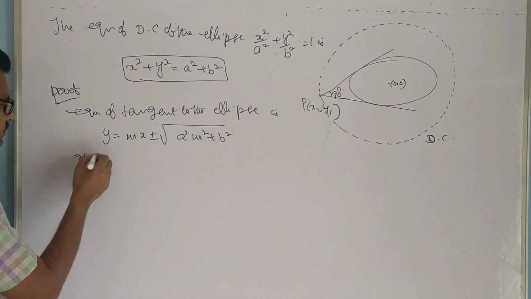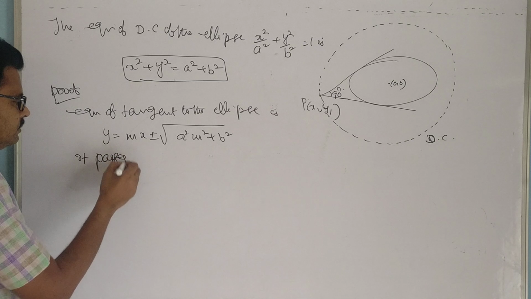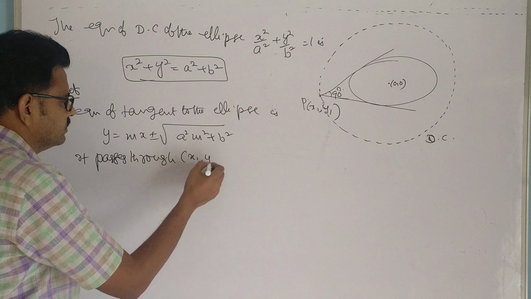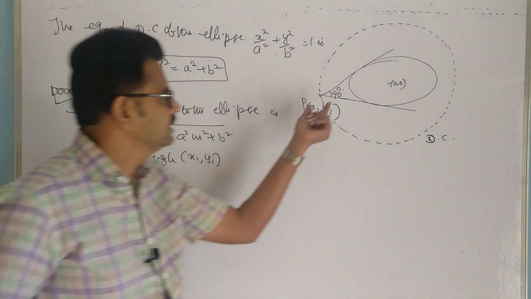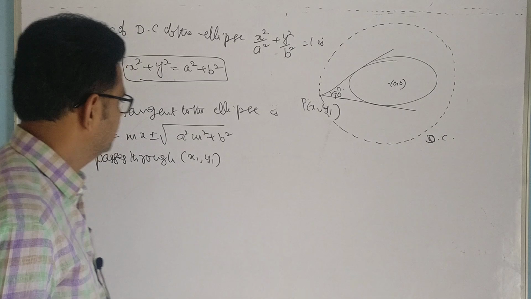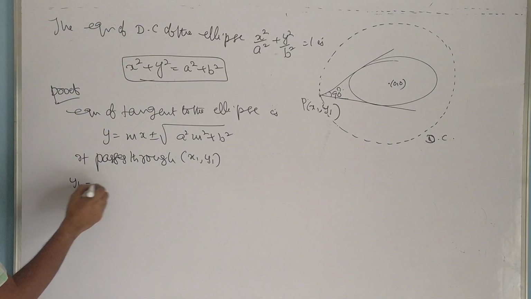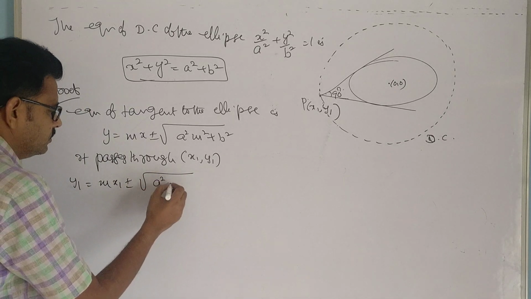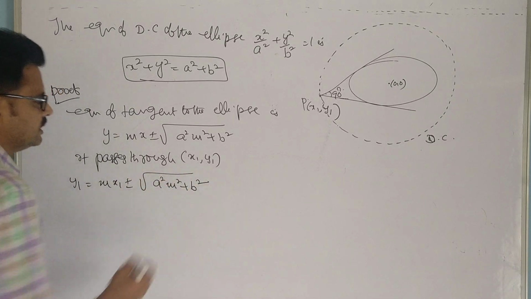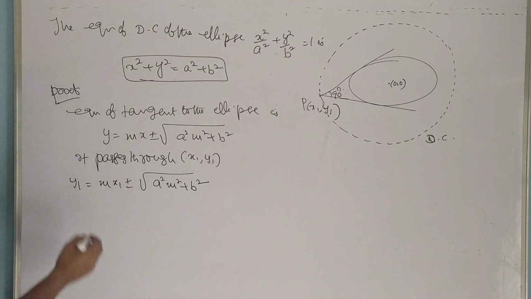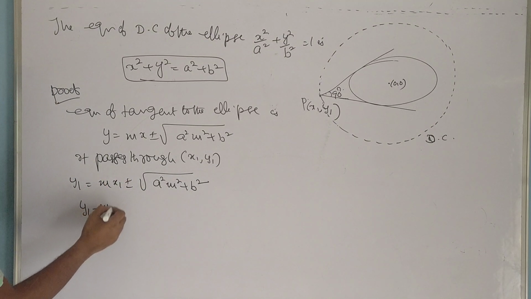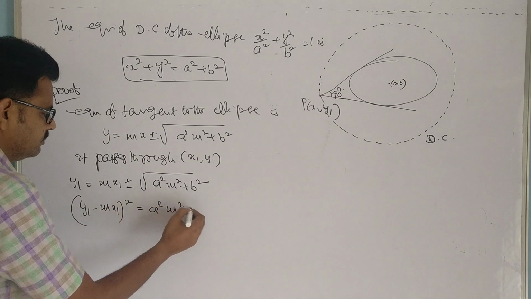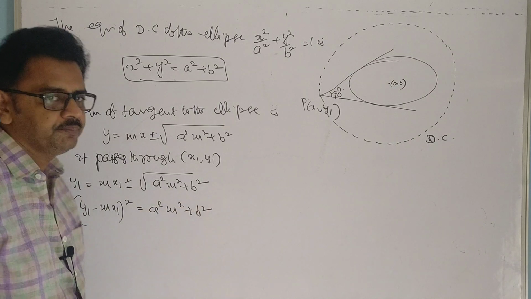It passes through the point x1 comma y1. So y1 is equal to mx1 plus or minus root of a square m square plus b square. Now take this side and square on both sides: y1 minus mx1 whole square equal to a square m square plus b square.